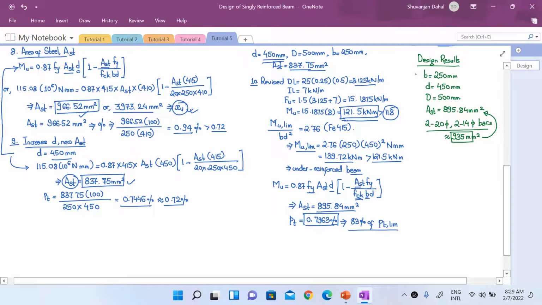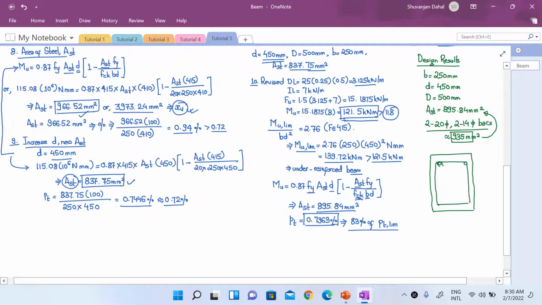So these are our design results. If you want, you can draw the section of the beam also. So there will be holder bars at the compression zone here. We don't have to design them. They are just nominal bars given to hold our stirrups, which are our shear reinforcement bars.